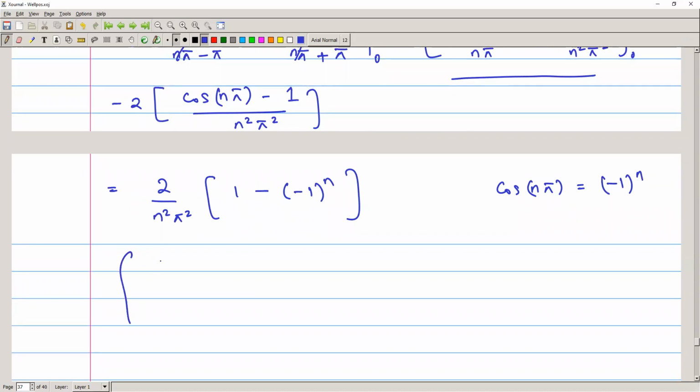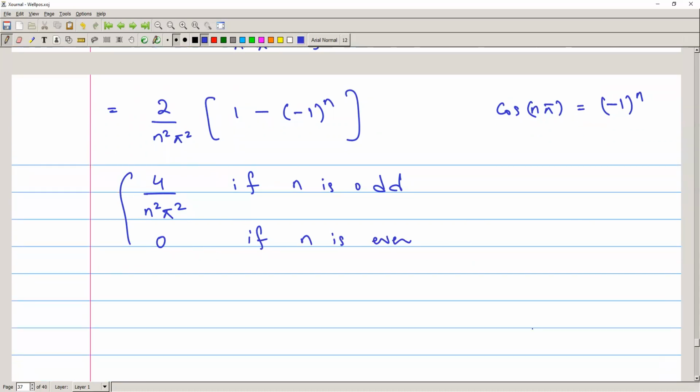So we can see that if n is odd, this will be 4 over n squared pi squared, because this will be 1 plus 1. It will become 2, and 2 times 2 is 4, and 0 if n is even, right? So now the value will be 4 over n squared pi squared for this integral.